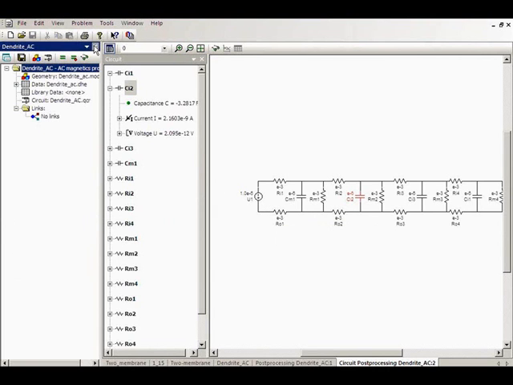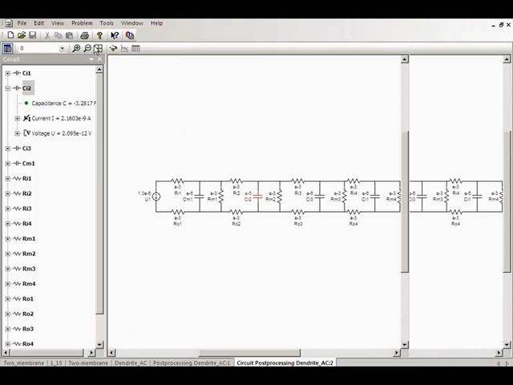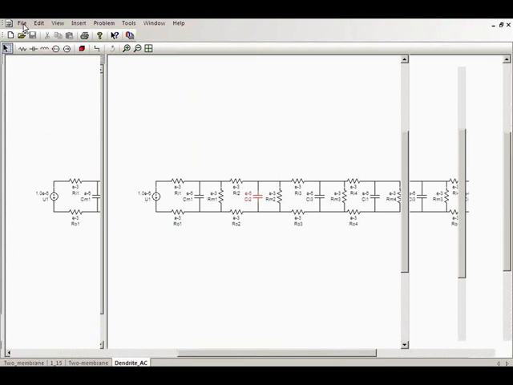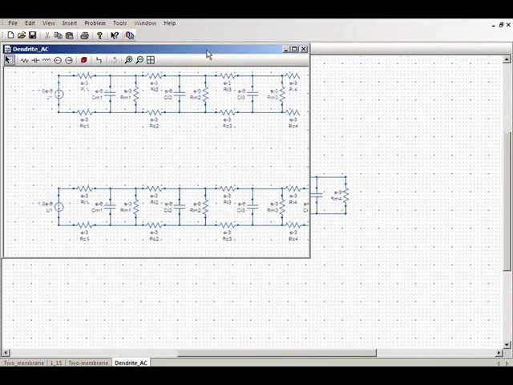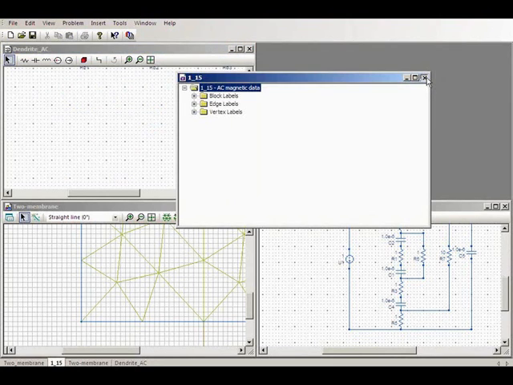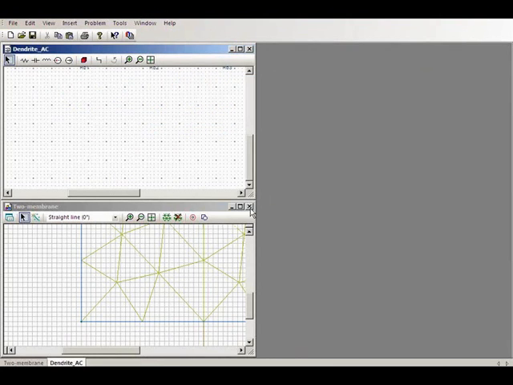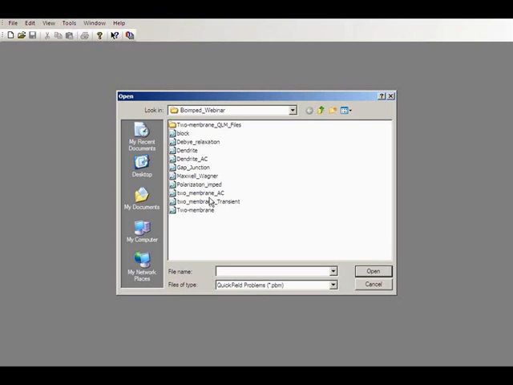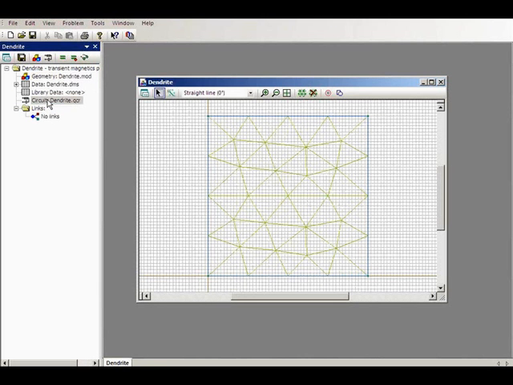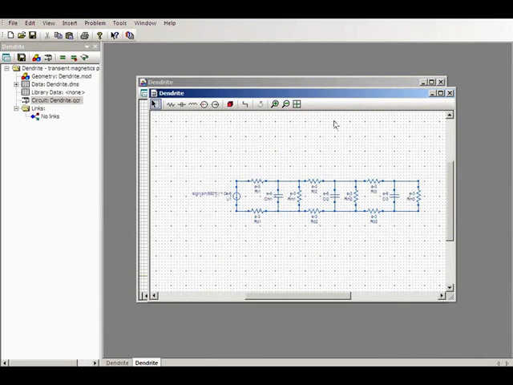So let's look at the transient response using transient magnetic coupling. And I'll close some of the previous models. This is our dendrite. Once again, our model file, which is not connected, and we have our dendrite.